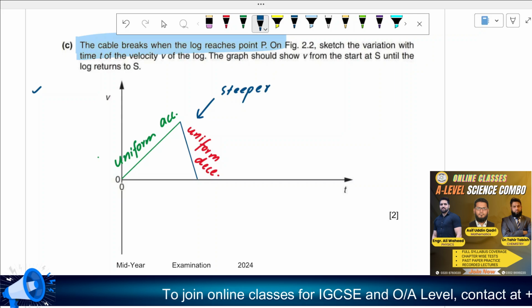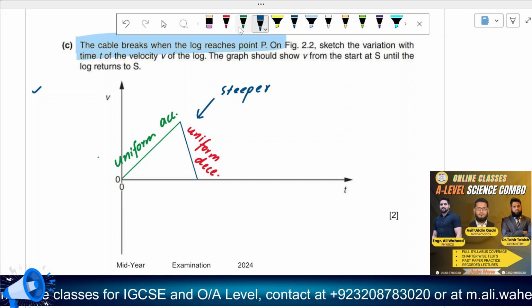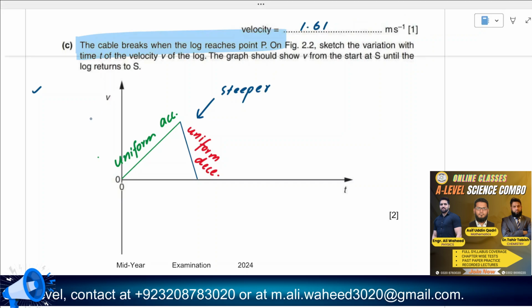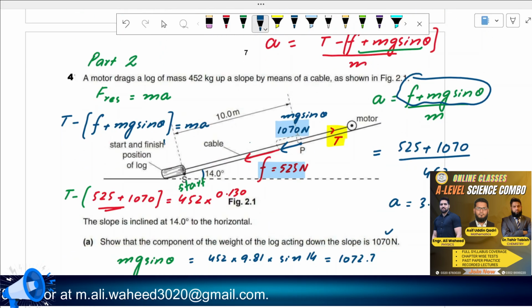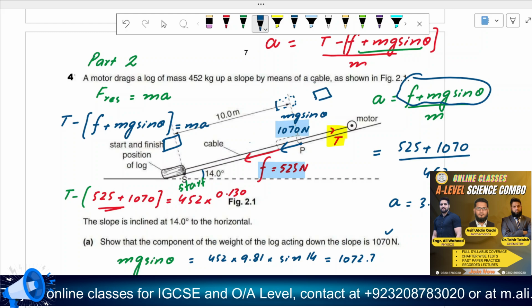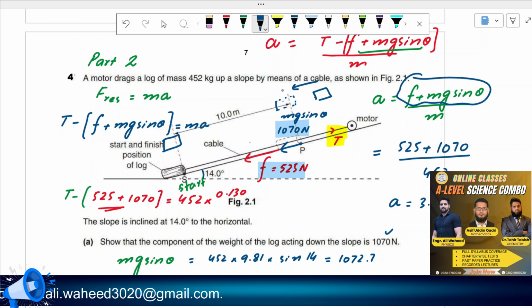What happens afterwards? After that, it reverses the direction momentarily. The log would be stopped. The log goes from here, crosses this point, the cable breaks, probably reaches this point, stops at 0, and then it starts to roll backward.